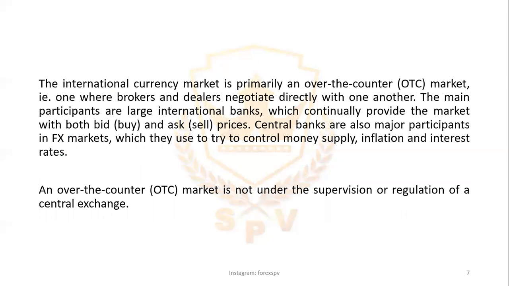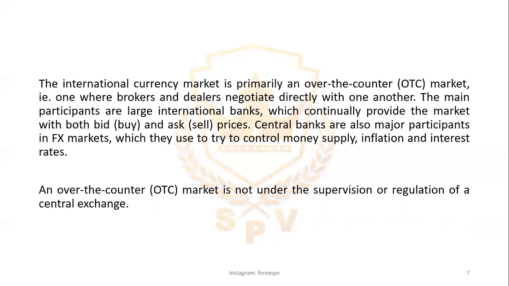The international currency market is primarily an OTC market, an over-the-counter market. That is one where brokers and dealers negotiate directly with one another. When you fill your order, the broker will communicate directly with the dealers, who are also called liquidity providers, and there is where your transaction is completed.